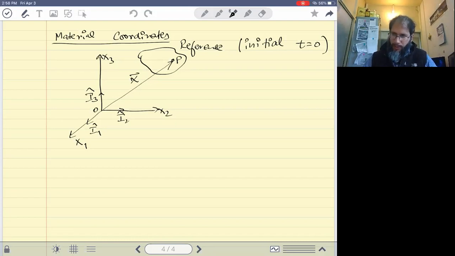So what we'll do is we'll write this capital X, which is the position, as a function of x, where x is the particle ID.